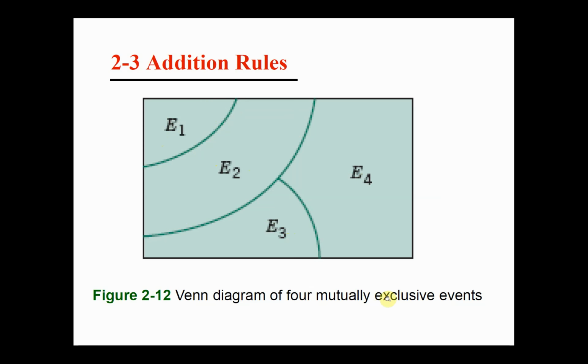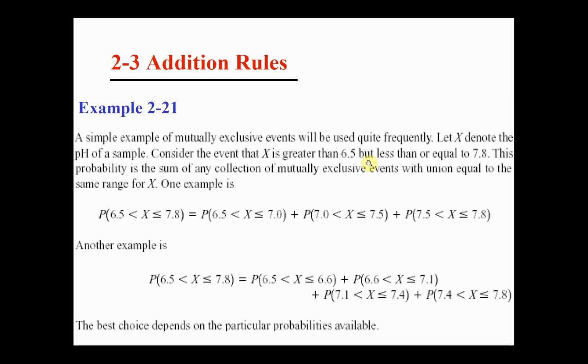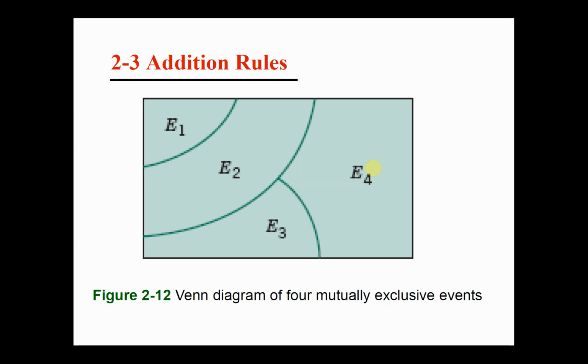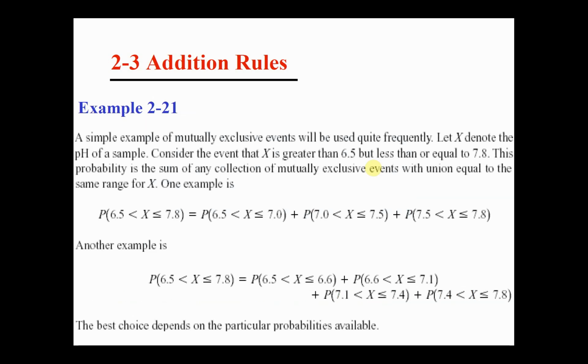In that case, what is the probability of E1 union E2 union E3 union E4? It is simply the summation: probability of E1 plus probability of E2 plus probability of E3 plus probability of E4. So we are allowed to add the probabilities of events as long as they don't intersect.